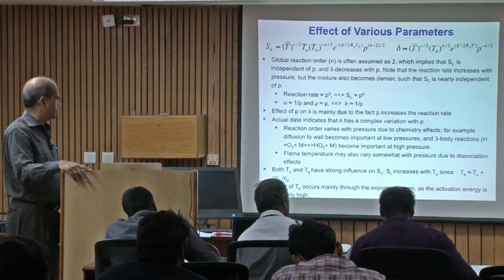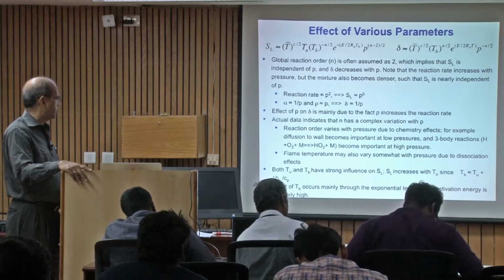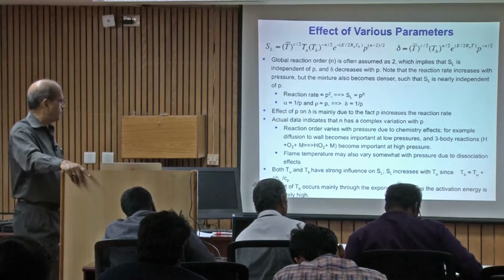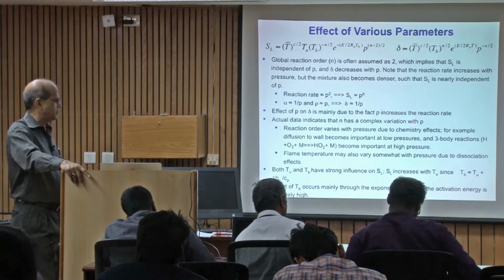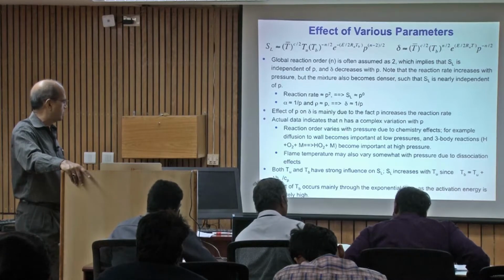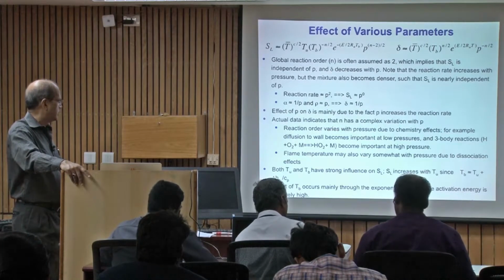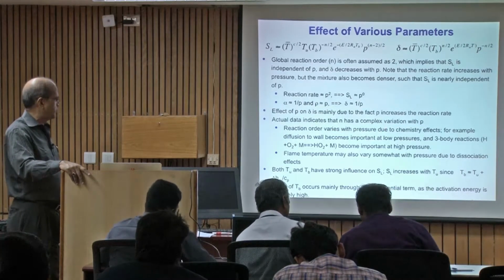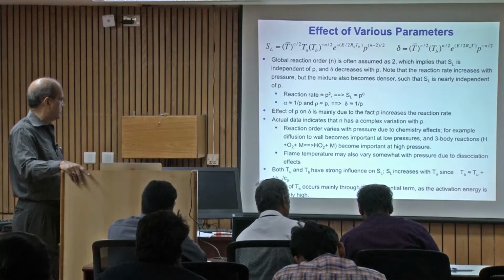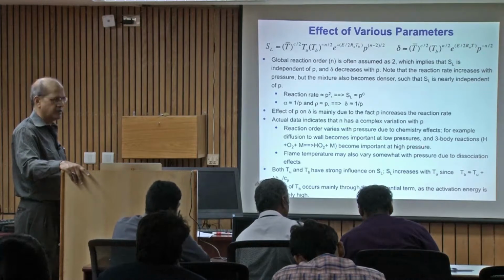Now, the actual data shows that n is very complex. It has a complex variation with pressure. The reaction order varies with pressure due to chemical effects. Remember we discussed the wall effects at low pressures.